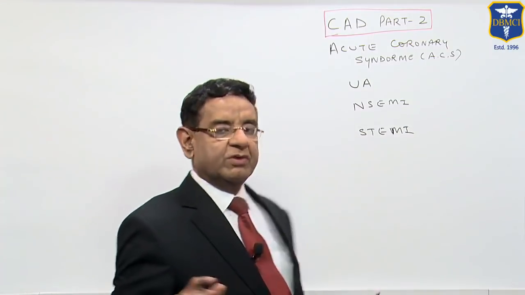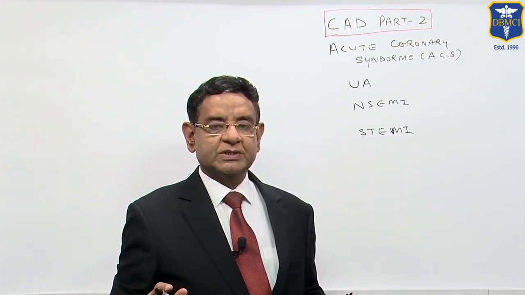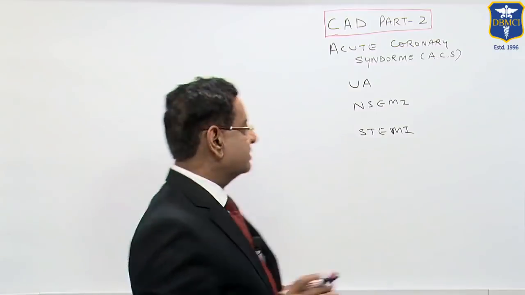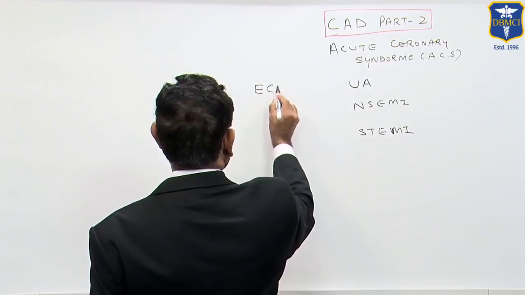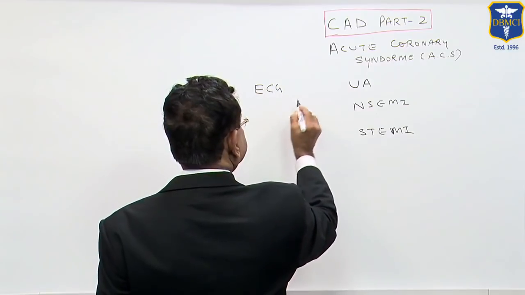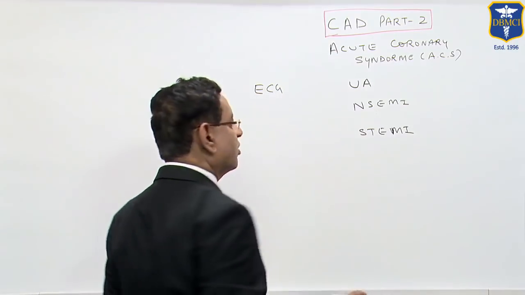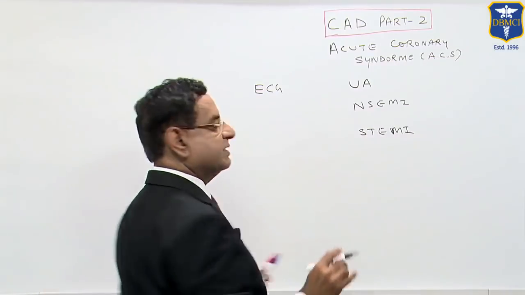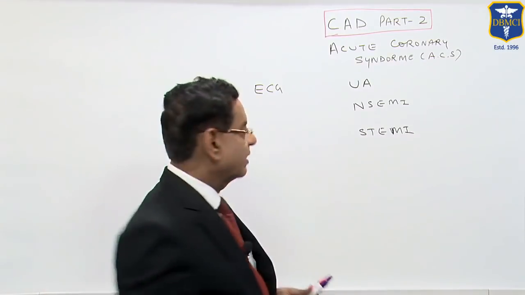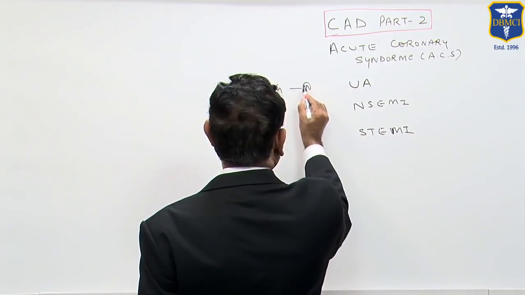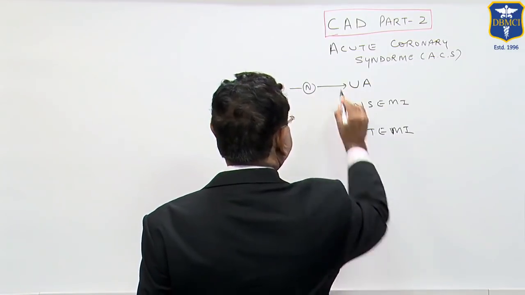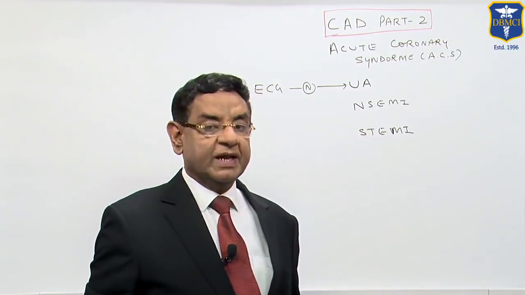So when a patient of acute coronary syndrome comes to us, first of all we do the ECG. In this, the ECG is normal or the ECG is abnormal. If the ECG is normal, then it is unstable angina.